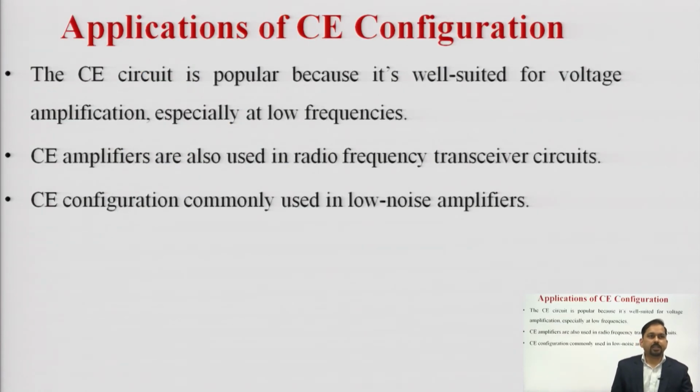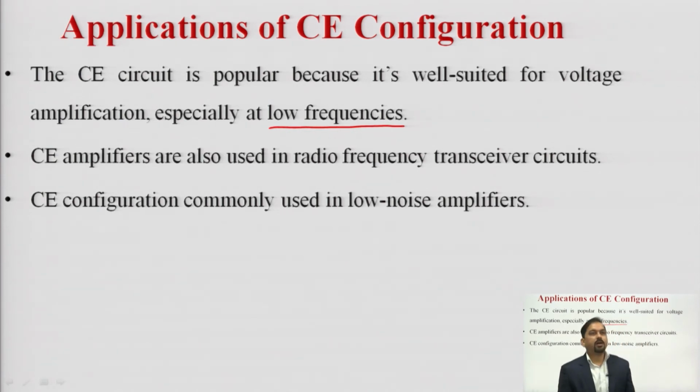Now, we have the applications of common emitter configuration. We have seen that this common emitter configuration has a very high current gain. So, it can be used for current amplification, voltage amplification, as well as power amplification at low frequencies.